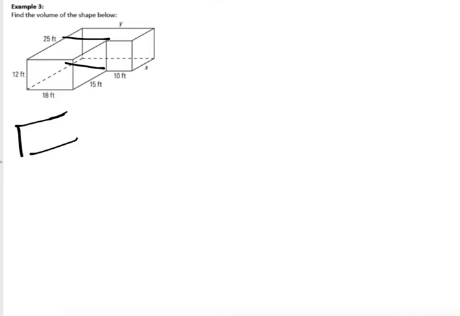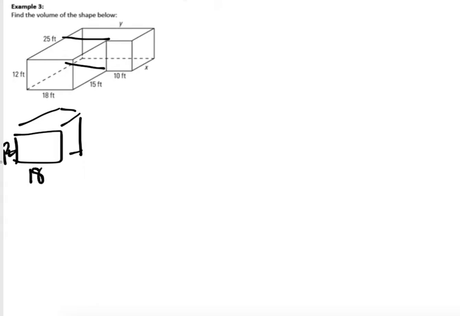My one prism is going to be something like this, and it's going to be 12 by 18, and this piece here is 15.